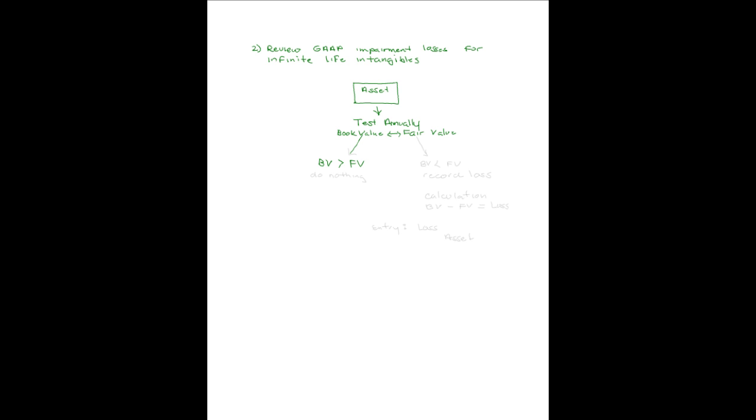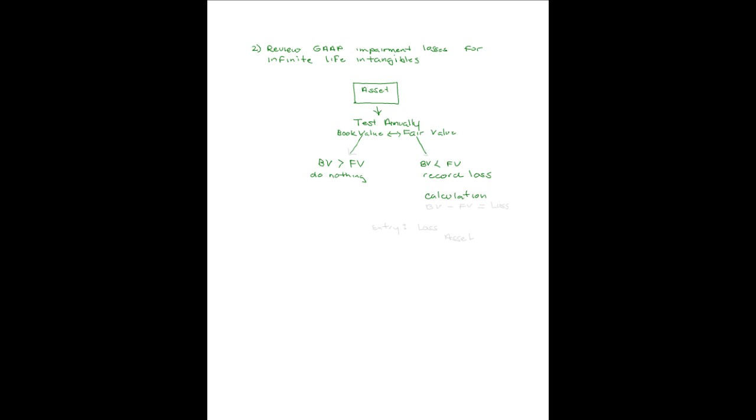If book value is greater than fair value, you get it, do nothing, because no loss is indicated. However, if book value is less than fair value, you need to record a loss. And the calculation of that loss is easy. You've just done it.